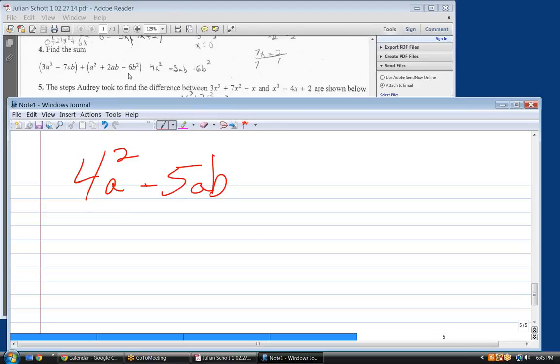Yeah. About the b squareds. Minus 6b squared. Because when we remove these parentheses, this minus sign is what we are left with. In other words, when you have plus a minus, you have a minus. Okay.